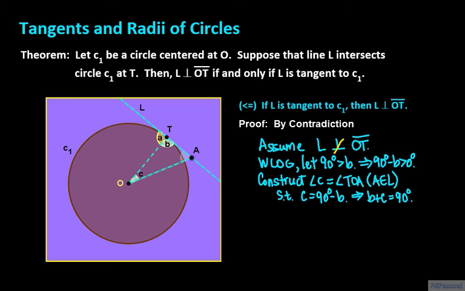We will also consider angle OAT, which we call angle D. So now we have three angles B, C, and D, which are the angles of triangle OAT. And so B plus C plus D is equal to 180 degrees.